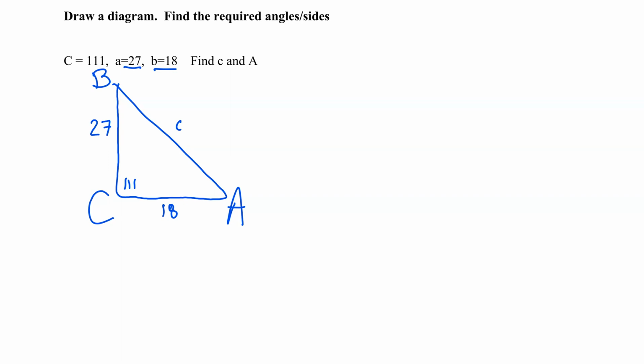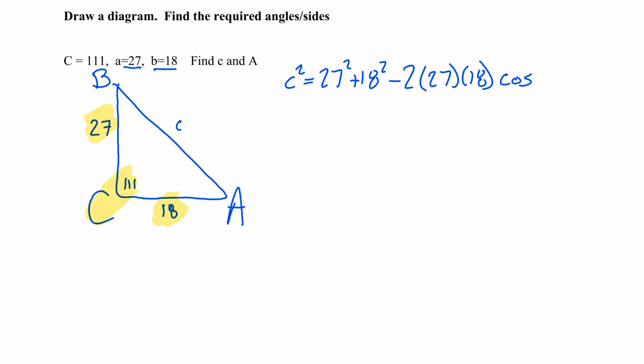So I'm going to do, again, Pythagorean theorem. Here are the two sides that are next to our, quote, angle, our right triangle, so to speak. And so I'm just going to write out Pythagorean theorem. C squared equals a squared plus b squared minus 2 times those two sides again, 27 and 18, and then cosine of 111 degrees.